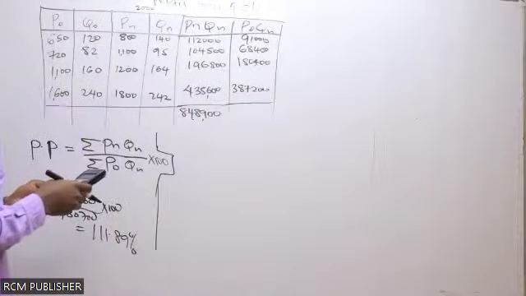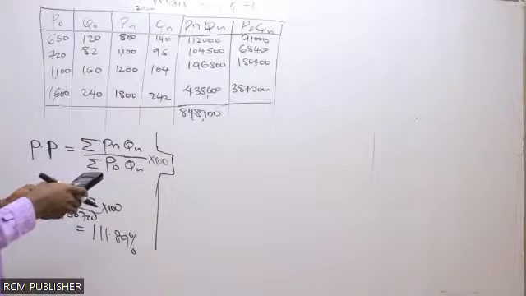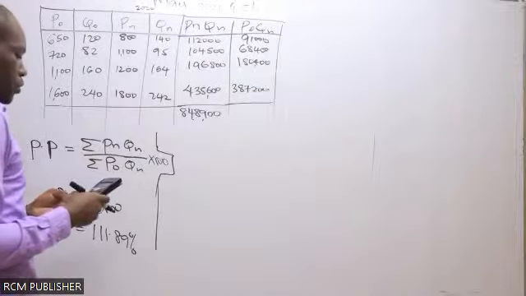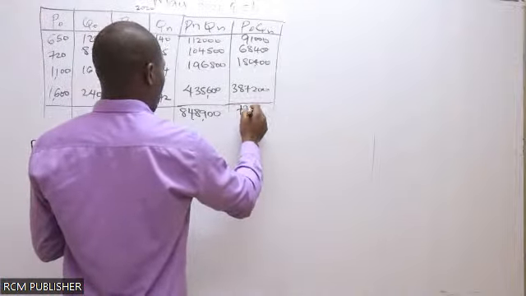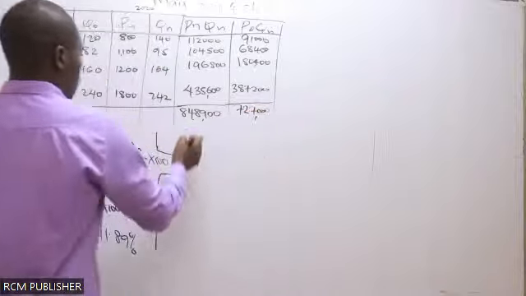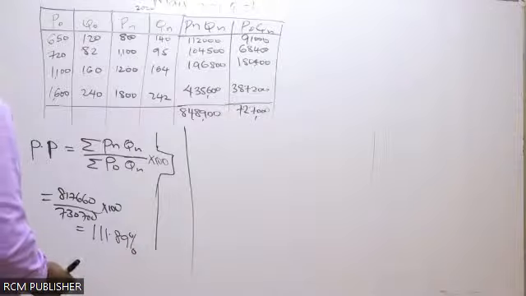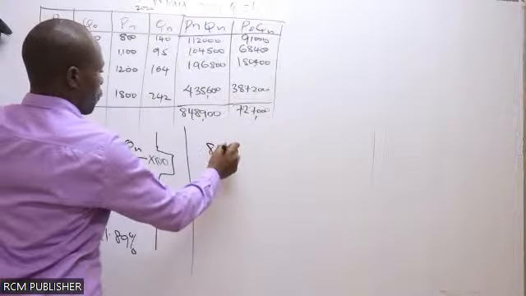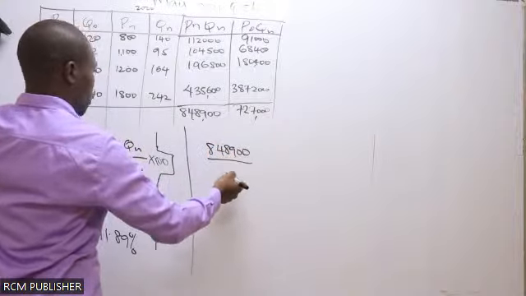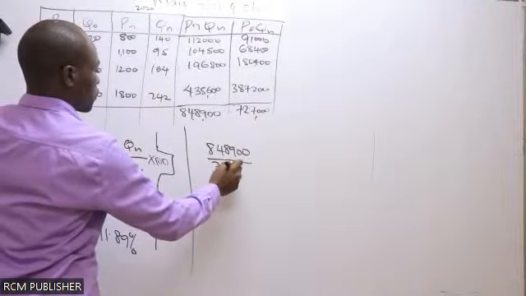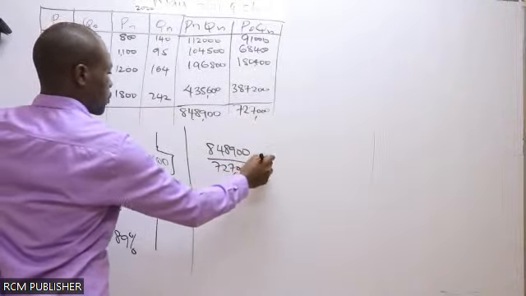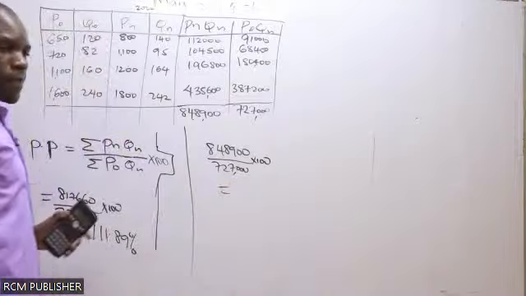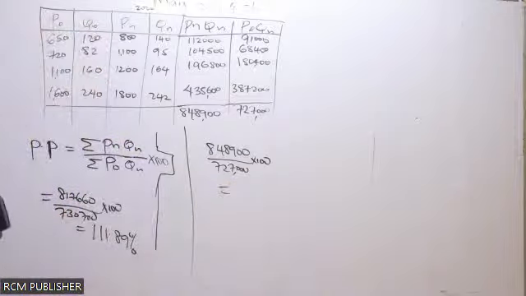Get the total. So for the other one for 2020, we just need to get our PNQN over POQN. So what do you have?